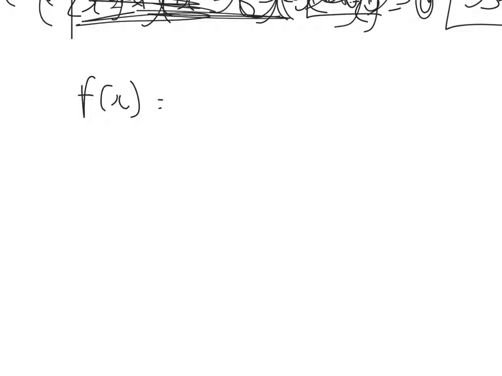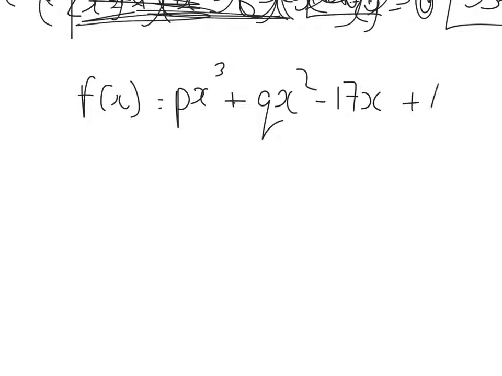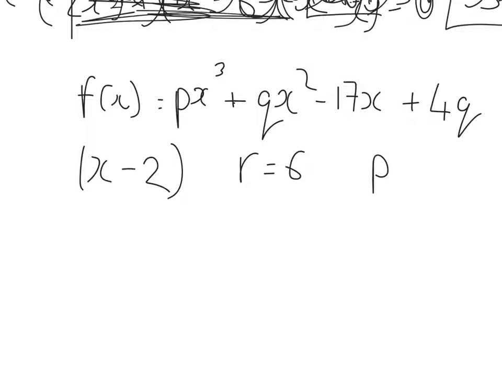When f of x equals px cubed, minus, or rather plus qx squared minus 17x plus 4q, and that's divided by x minus 2, the remainder equals 6, and the question wants me to find p and q.